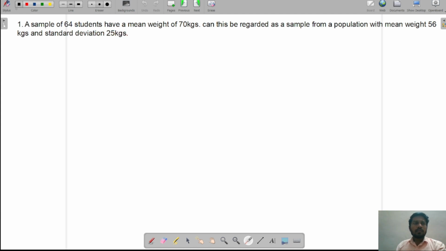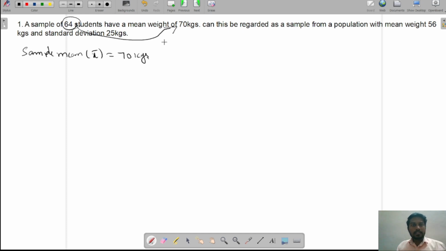What values are given in the question? Given the sample mean, denoted by x bar, it is equal to 70 kgs, for the sample of 64 students.